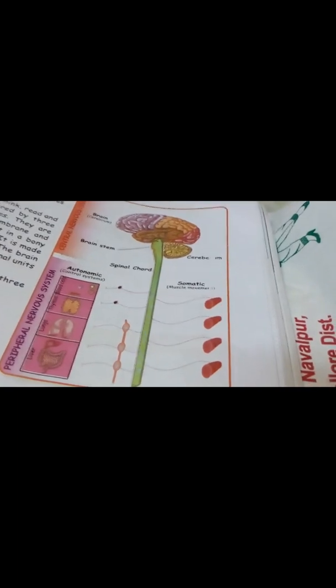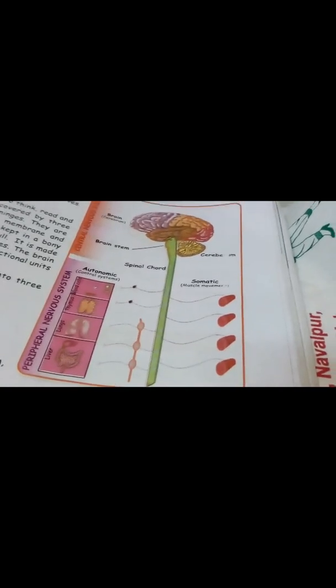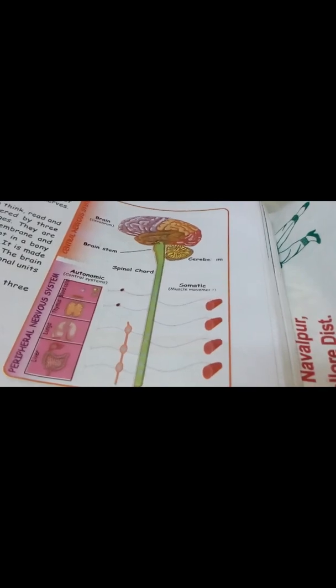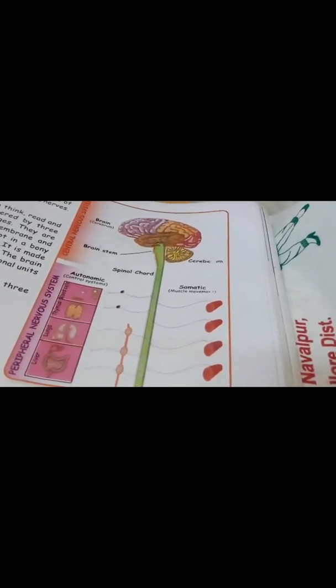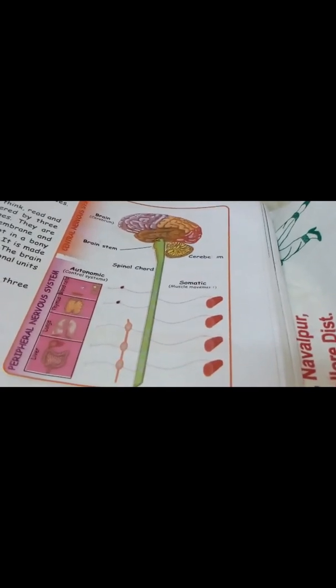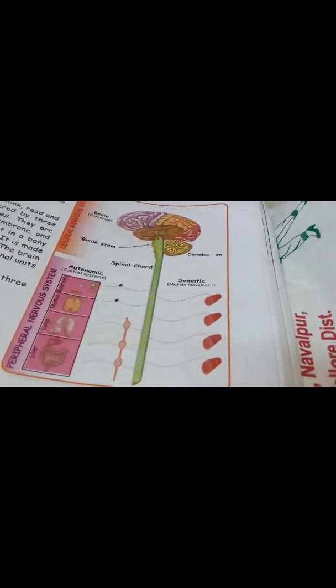The forebrain consists of cerebrum, thalamus, and hypothalamus. It is the largest part of the brain. Which is the largest part of the brain? Cerebrum. It is the center of human memory, and it is responsible for intelligence, imagination, and reasoning.